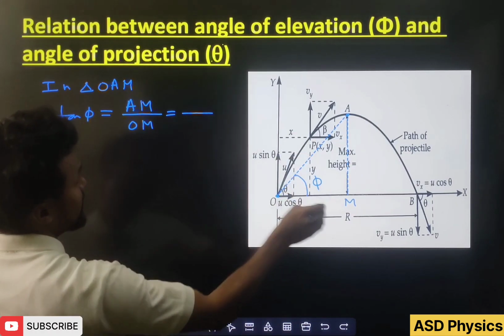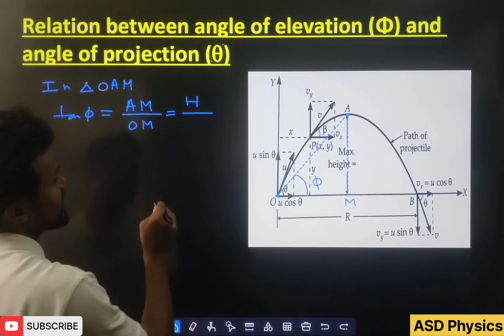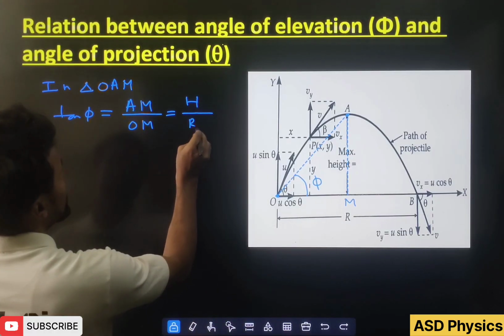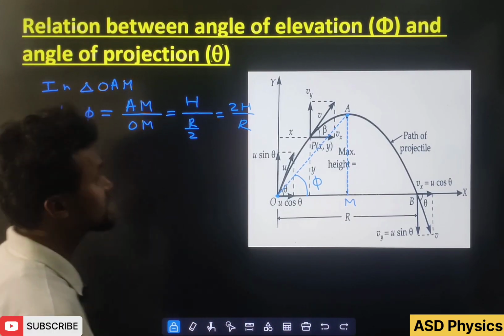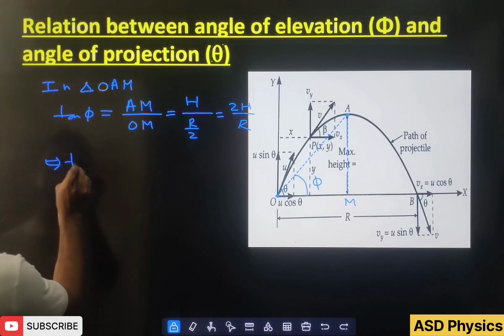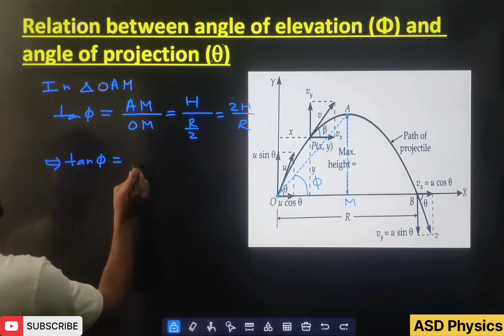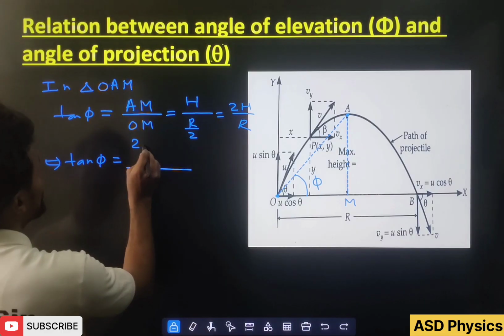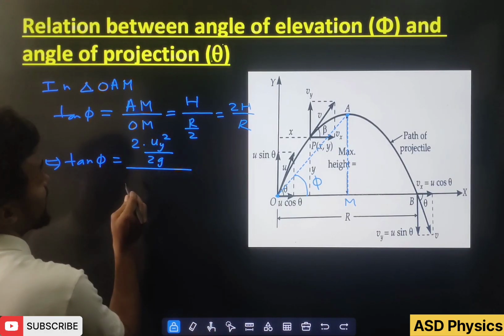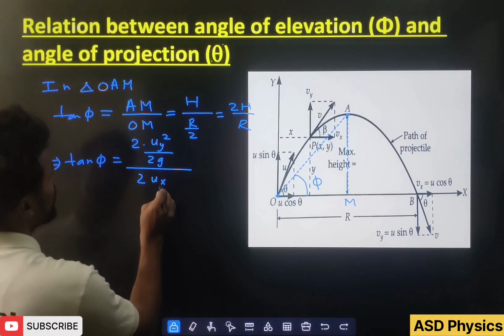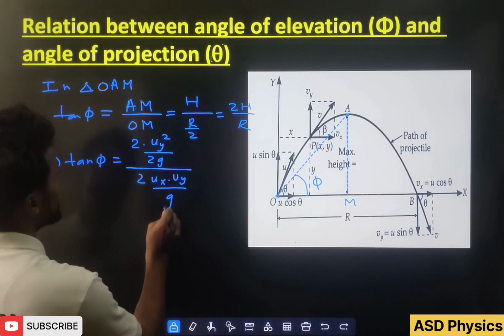What is AM? AM is the maximum height, that means H. What is OM? That means R by 2. So we can write 2H by R. Now students, we can write tan phi is equal to, kindly see very well, this is 2H, where H is given by uy square by 2g, and R we know is 2 ux uy by g.